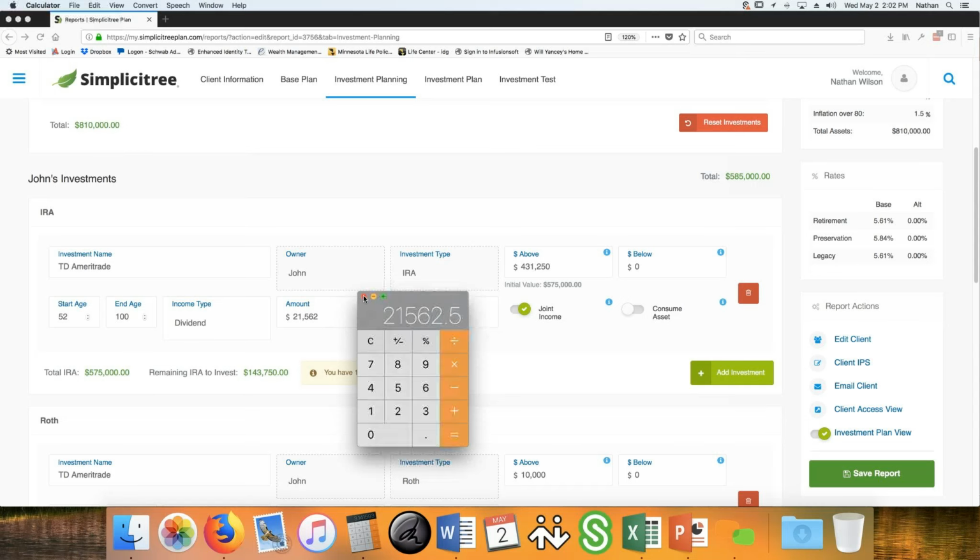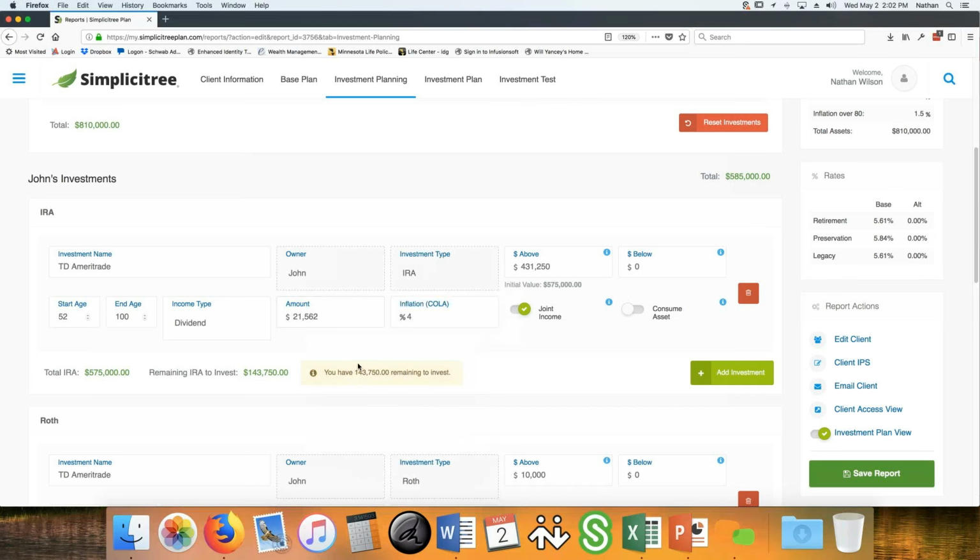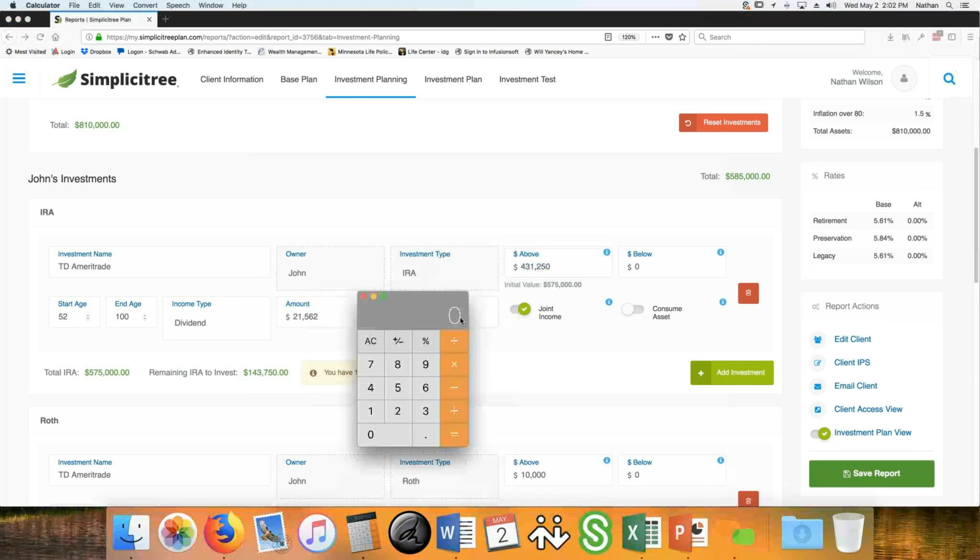Now, as time goes up and values increase, let's say over time that we've gotten a 20% rate of return on this money, so we're going to add this $143,000 back into the account and show what it looks like in the future.